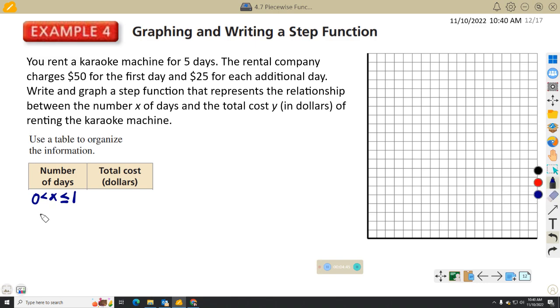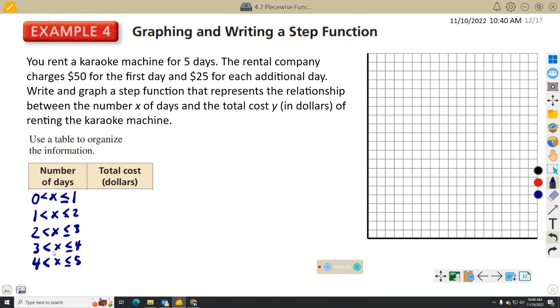And then we're going up to 5 days. So 1 to 2, 2 up to 3, 3 up to 4, and 4 up to and including the 5th day.